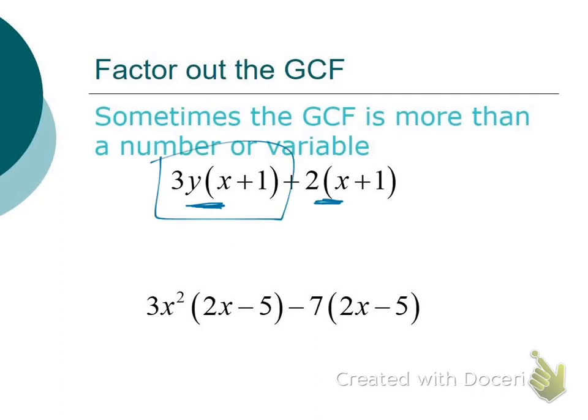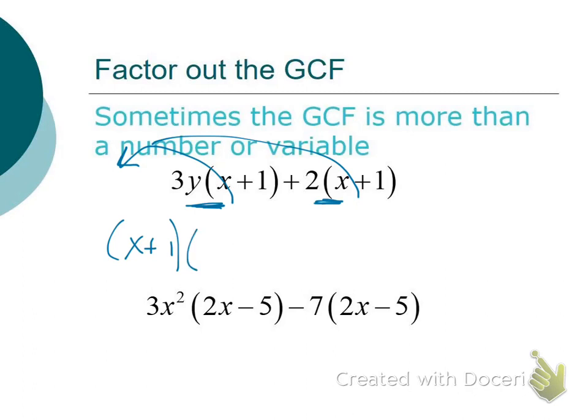They're both being multiplied by x plus 1, which is a factor. I can then factor out the x plus 1 and pull it out front. What I'm left with is the other factor: if I pull an x plus 1 off of here, I'm left with 3y, and if I pull an x plus 1 off of here, I'm left with the 2. So 3y plus 2.